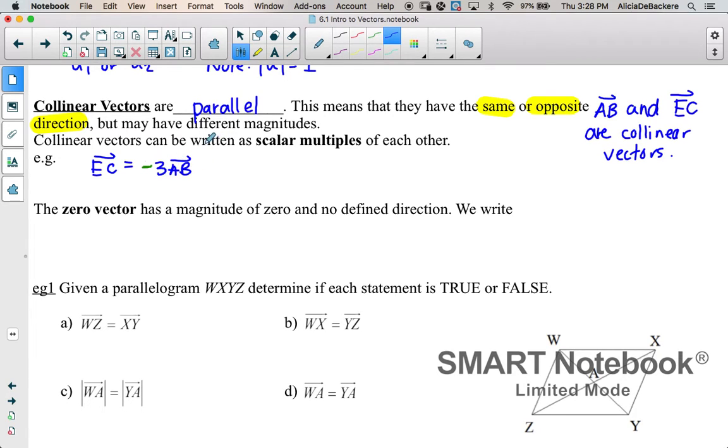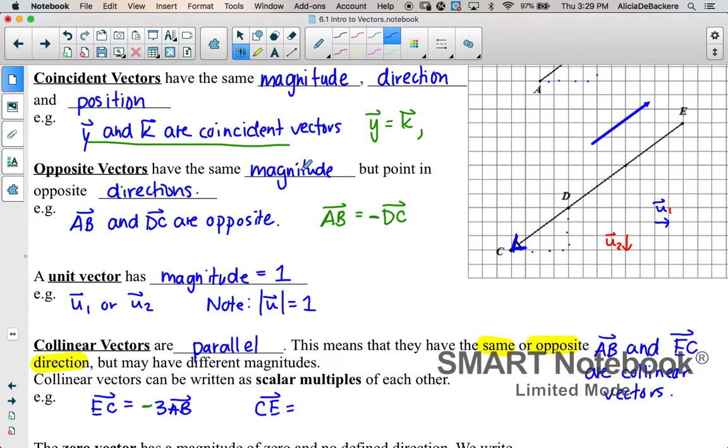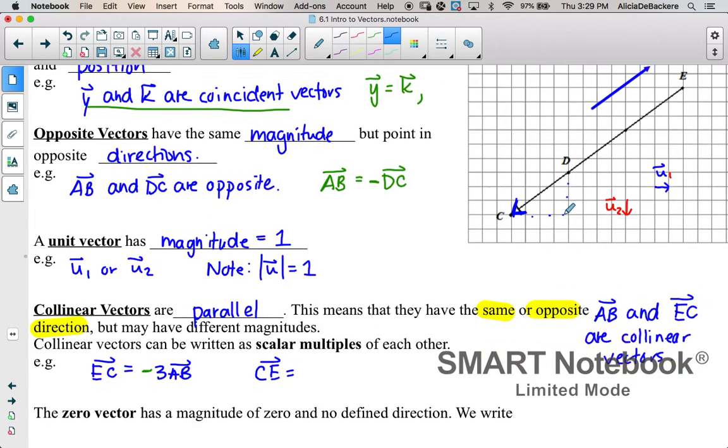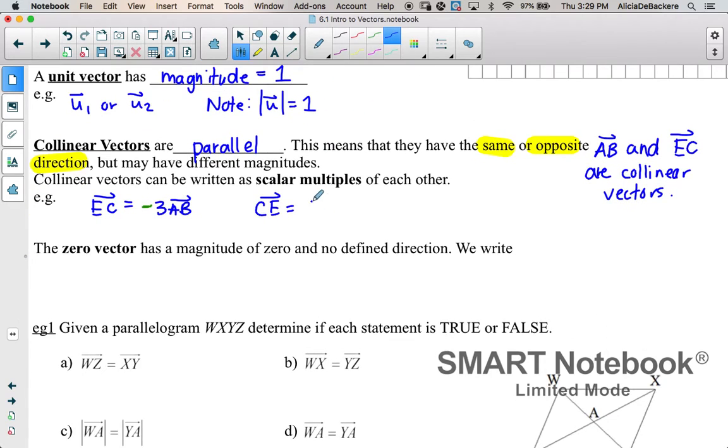And there were other examples in our diagram. For instance, even going from C to E is the same as going from C to D 3 times. So now I'm switching the direction and I'm saying starting at C, heading to E, that's the same as C to D 3 times. I'm just going to come up and show that.